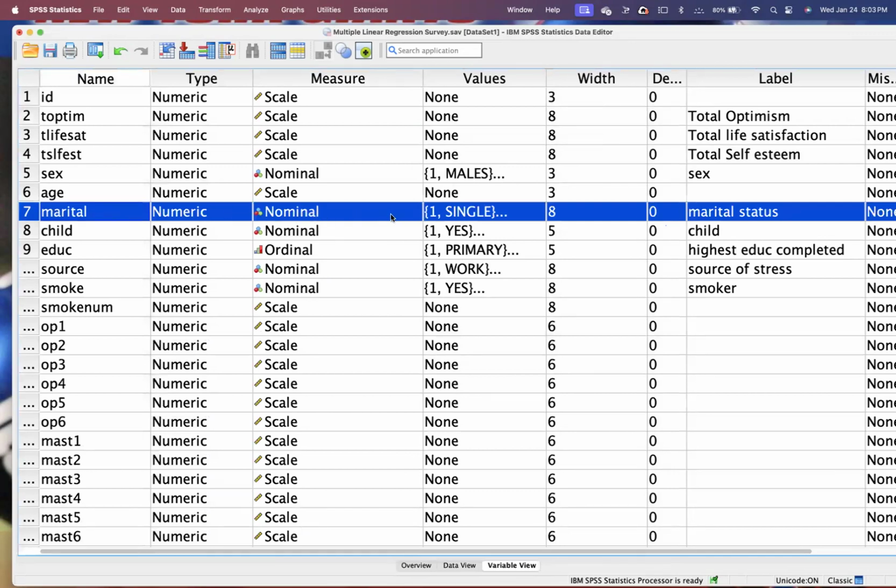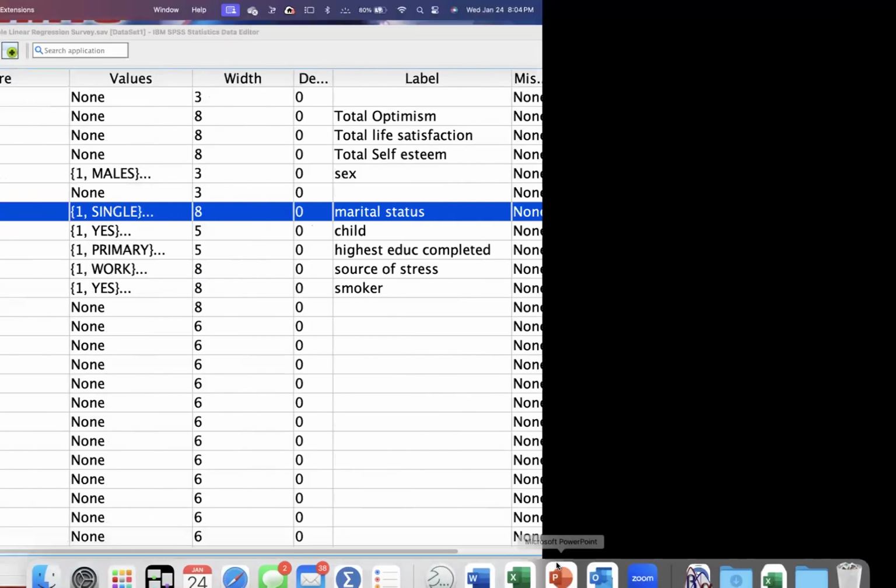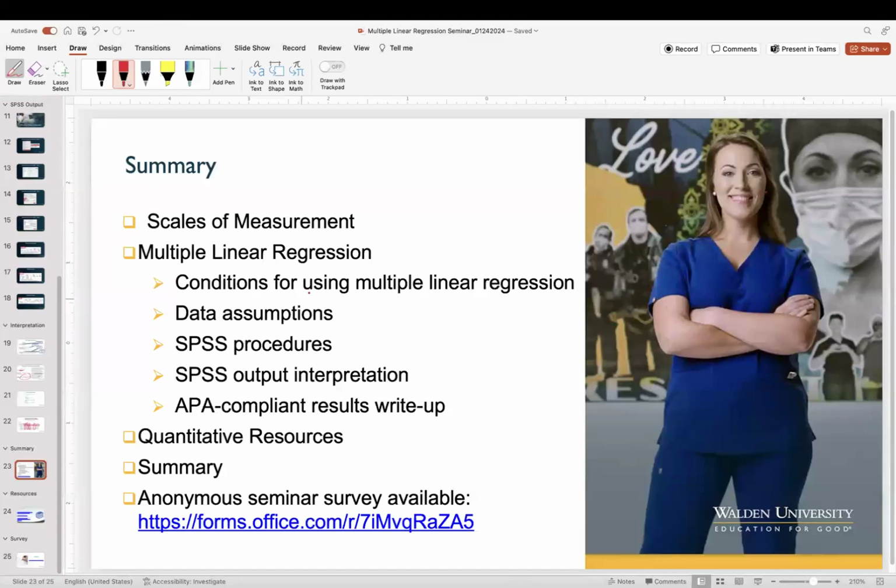Now, you can do multiple regression with categorical variables, but that's another session, okay? So that's why in the abstract for this, I said that we'll be using all continuous variables, okay? So now we did that. And then now we examine the conditions for using it. Remember, all the variables are scale in this particular example. We know we must test for data assumptions. We didn't do that here, but I'll show you something in just a second.